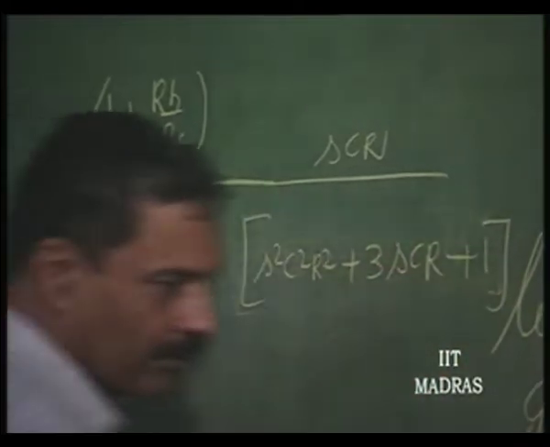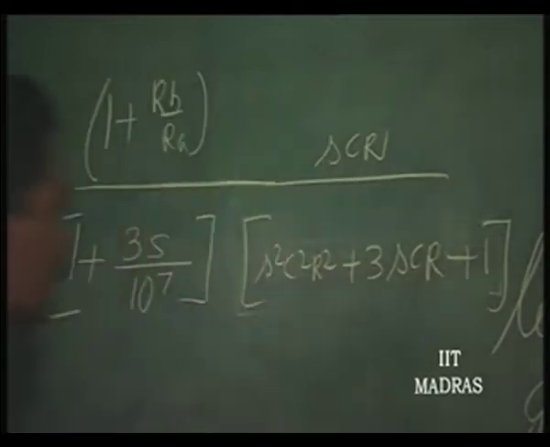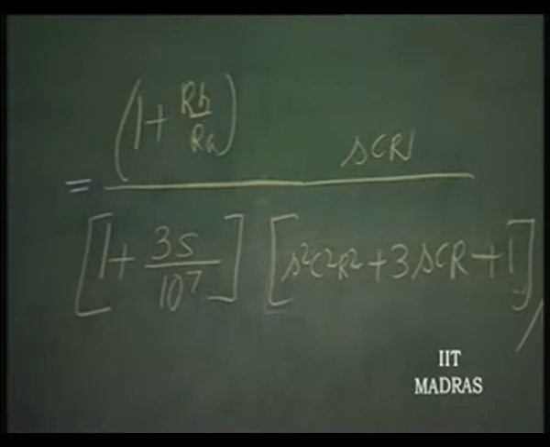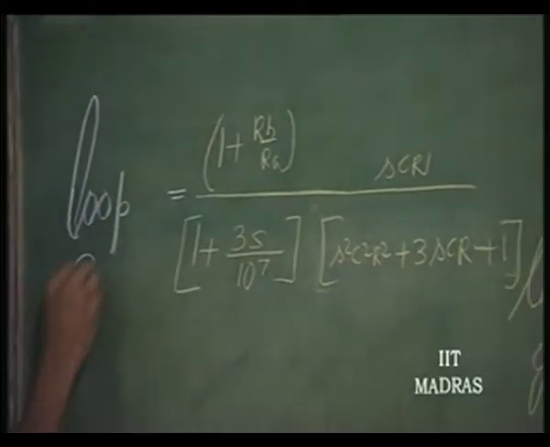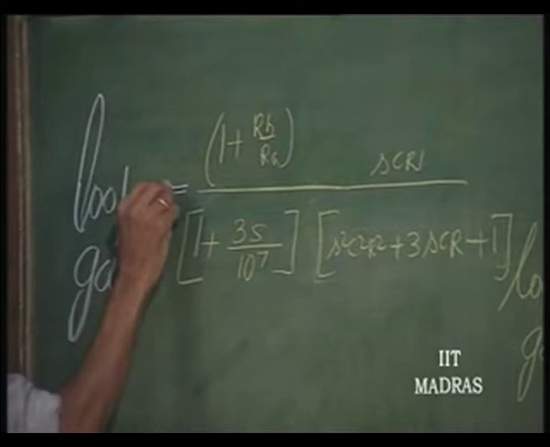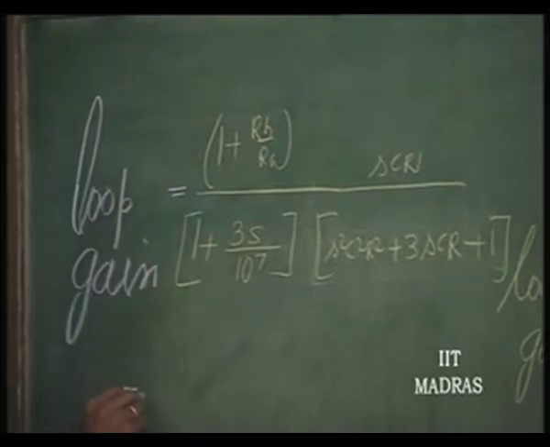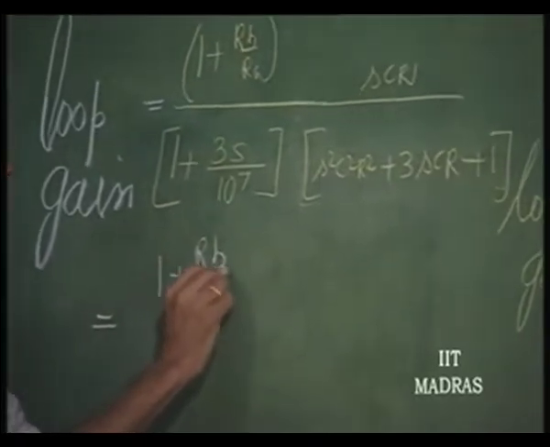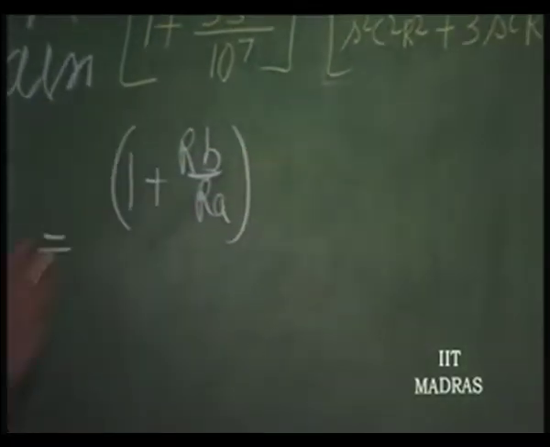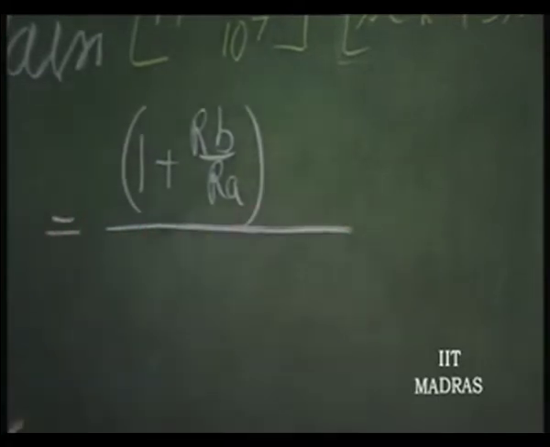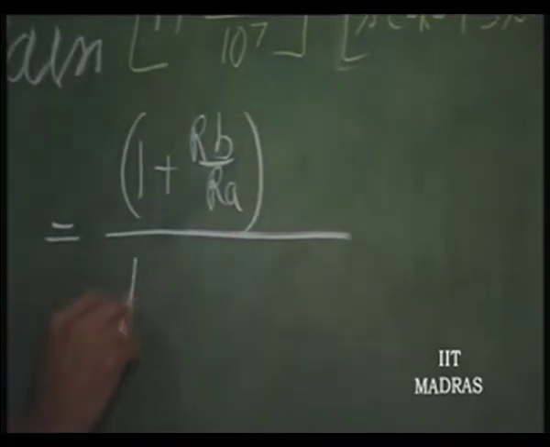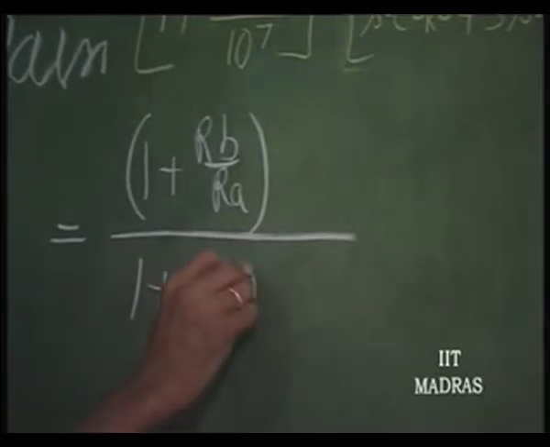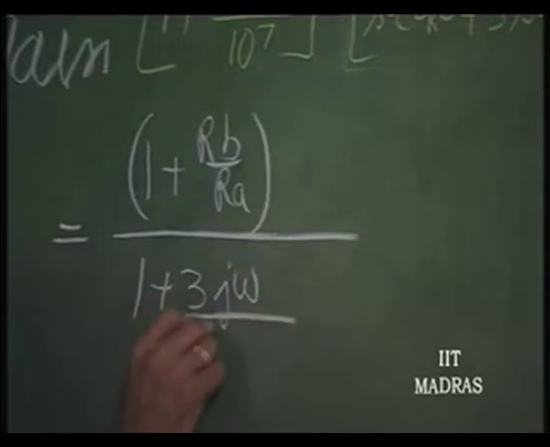So, this is the loop gain. We will rewrite this. This is 1 plus RB by RA, divided by 1 plus 3 j omega divided by 10 to the power 7.